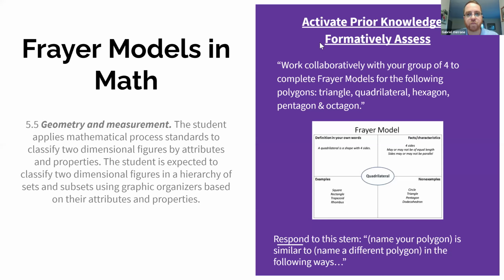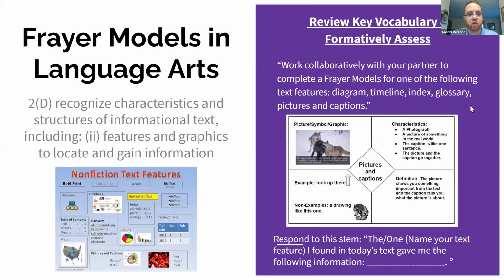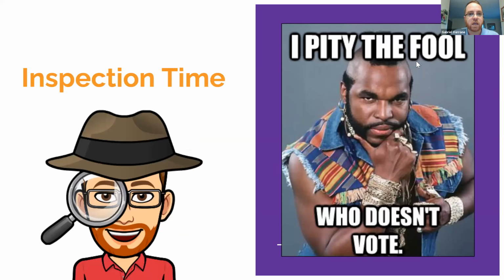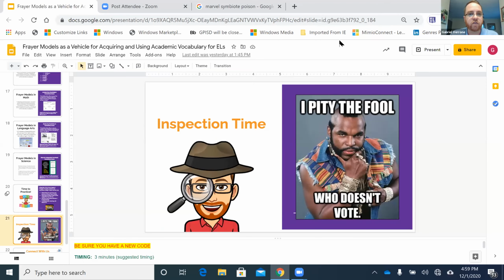All right, looks like everyone is back. So let's finish up. I do apologize. We don't have time to debrief because I promised I'd get you out of here on time, and I want to do that. So what I need you to do for me is it's time to vote. And like Mr. T says, I pity the fool who don't vote. So what I need you to do is I have a 3-question multiple choice survey.